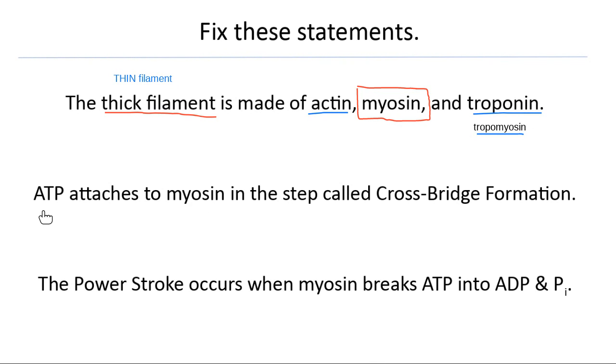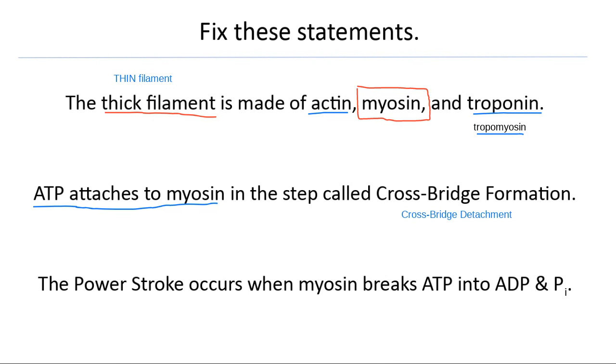If we're talking about ATP attaching to myosin, in which stage of the Crossbridge cycle does ATP attach to myosin? Yeah, Gloria's right. In the stage called Crossbridge Detachment.